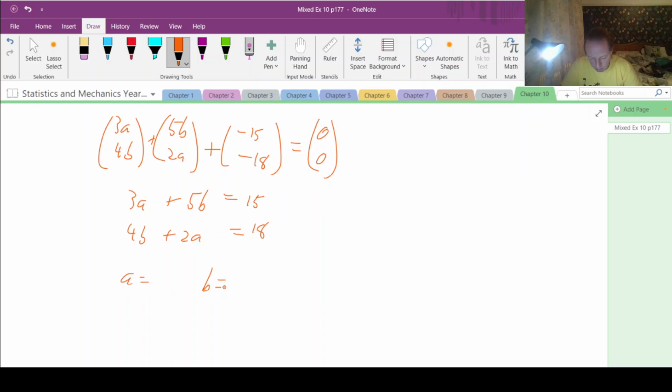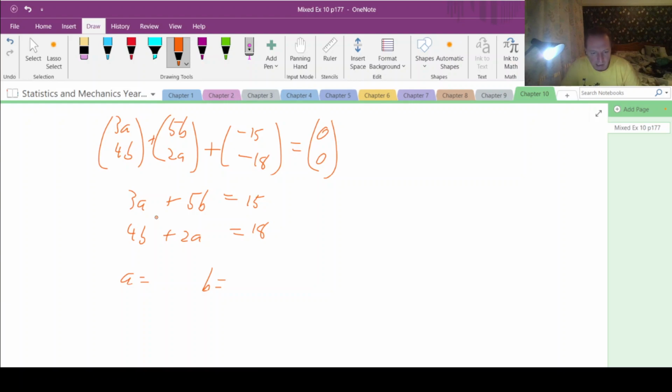Straight onto the calculator, putting in the information, simultaneous equations, number of unknowns 2. Watch out for the way it's come around, the a's are in different places, so make sure you put the correct things in the correct places. 3x plus 5y is equal to 15.